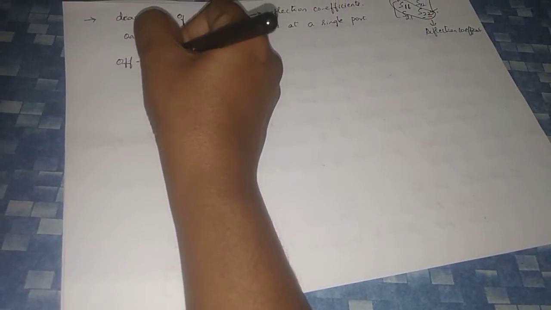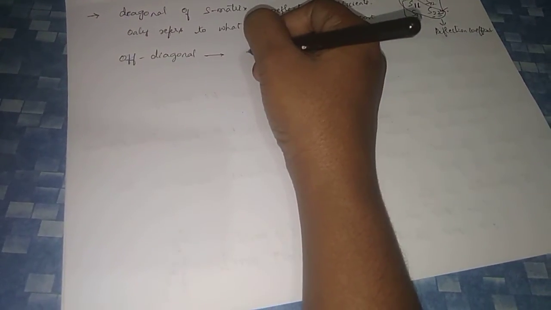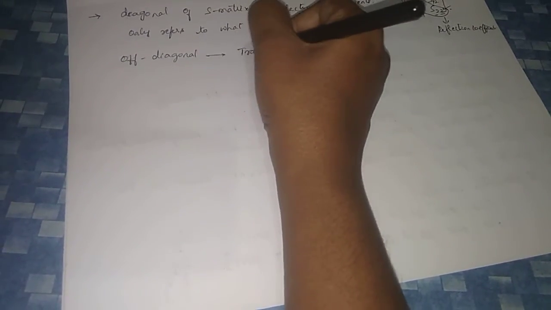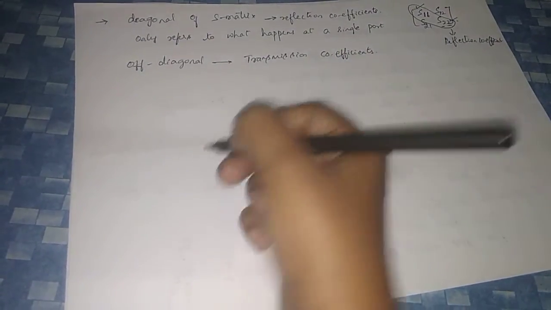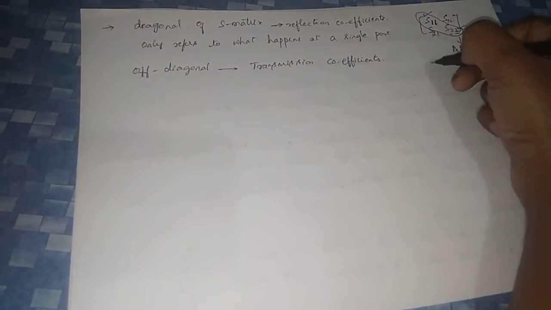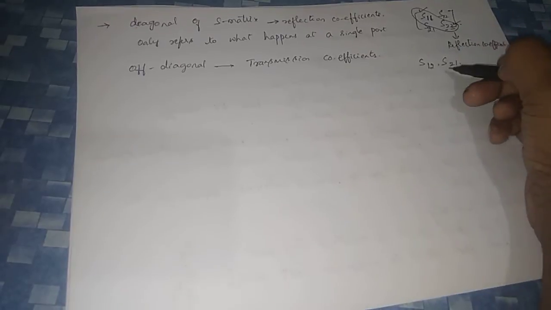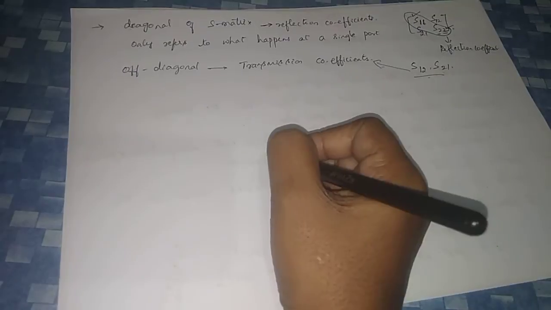While the off-diagonal, that is non-diagonal elements, correspond to transmission coefficients. Why? Because you can see S12 and S21, these two are called non-diagonal elements, and they correspond to transmission coefficients.